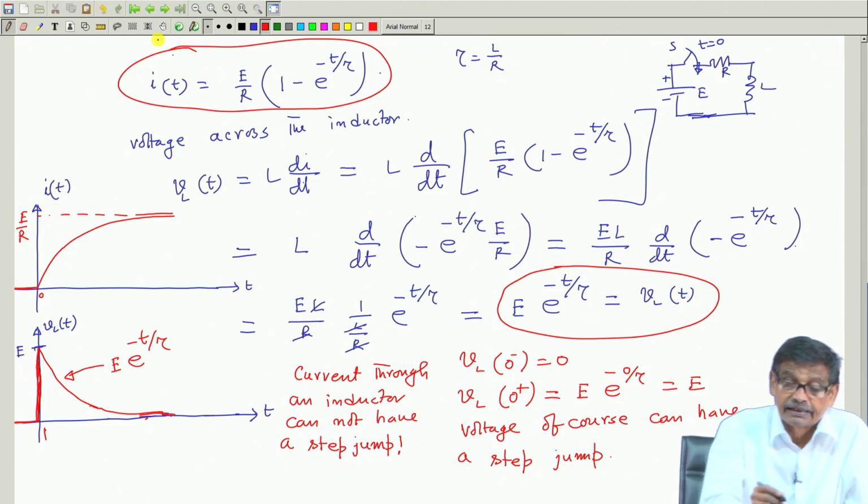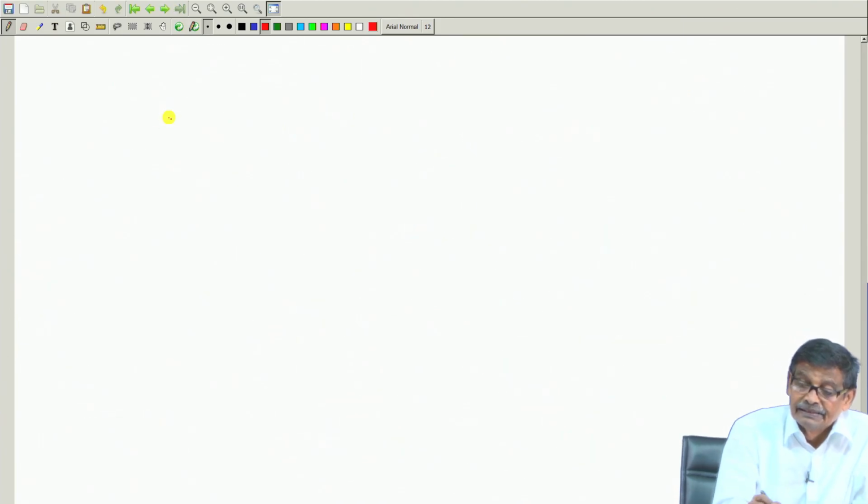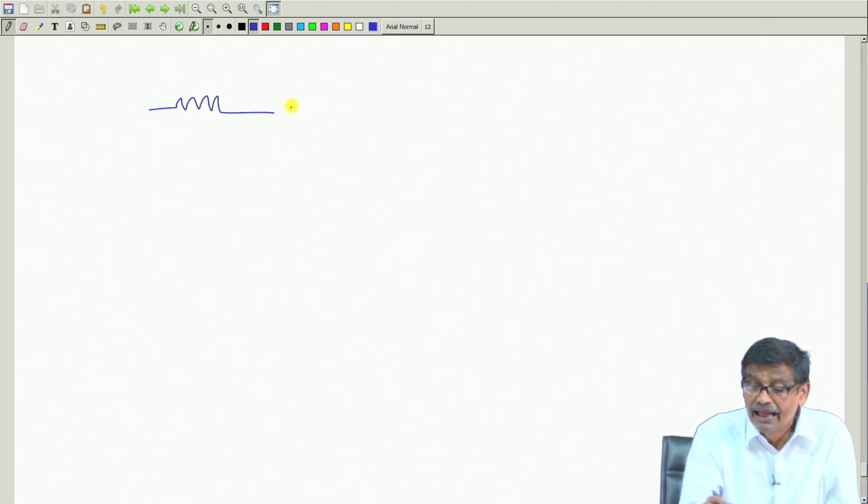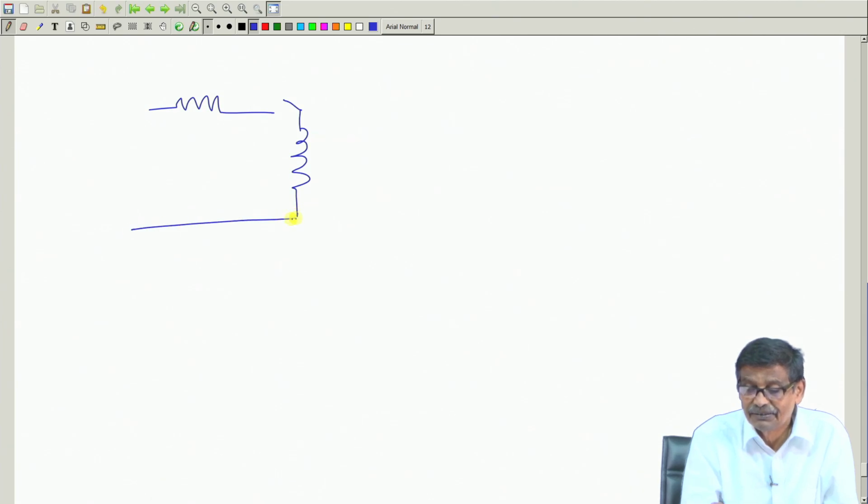Now, the same circuit I will do like this, that I will take a resistance and this circuit I will make like this. Got the point? And here I will keep it shorted.